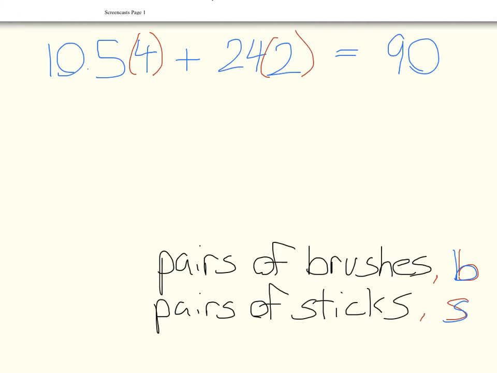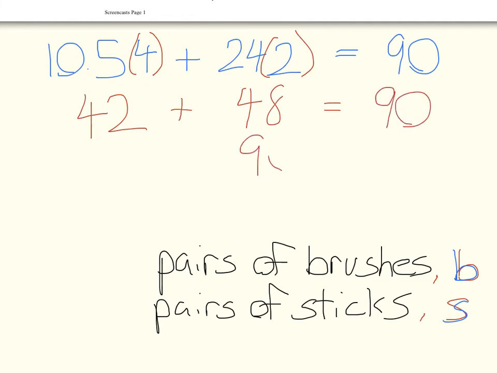And absolutely it does, because 10.5 times 4 is 42, and 24 times 2 is 48. We're adding those together, and ideally it equals 90, and look at that, 42 plus 48 does, in fact, equal 90, so nice work. We know we got the correct answer with 2 pairs of brushes and 4 pairs of sticks.